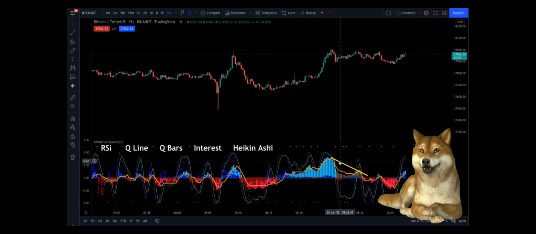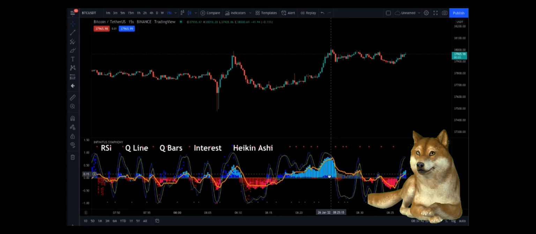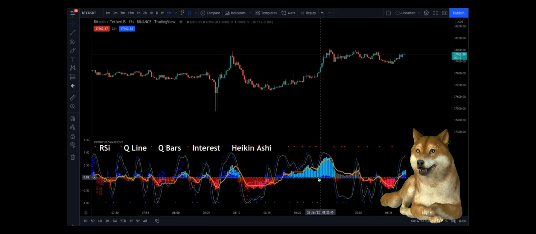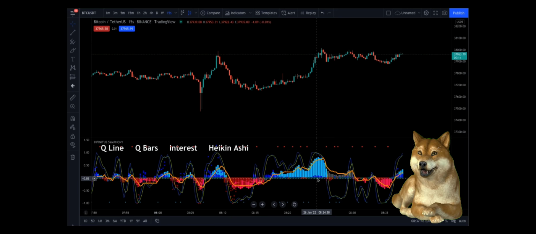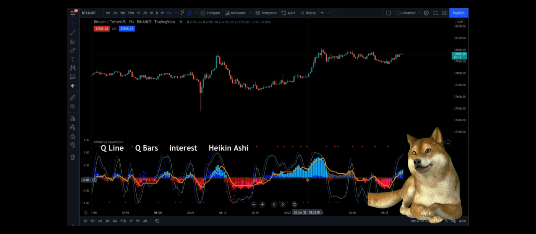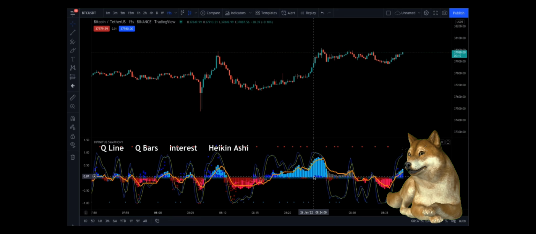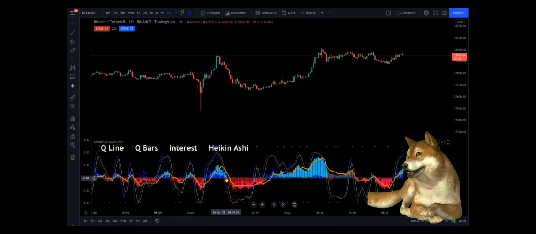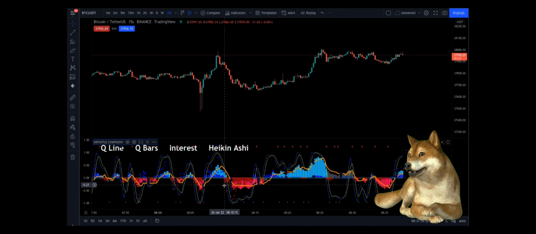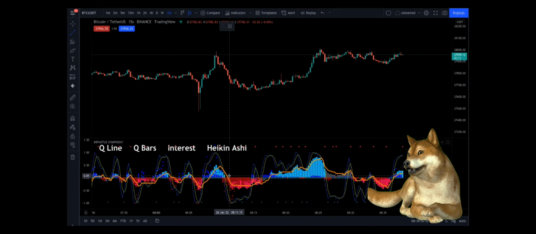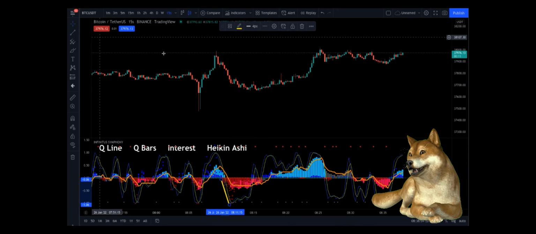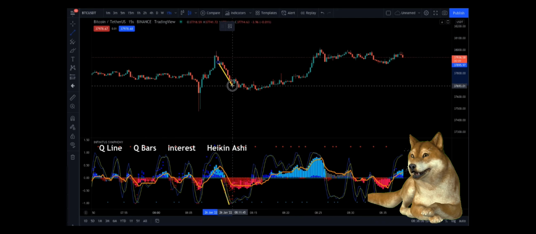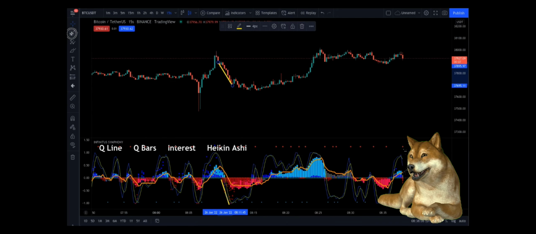Next is the interest here. This is a bad chart. You can see there's very low interest. But here's some high interest. So basically we can say that here interest was increasing to the downside. You can see a nice big drop to the downside, and then we can see that interest has decreased.